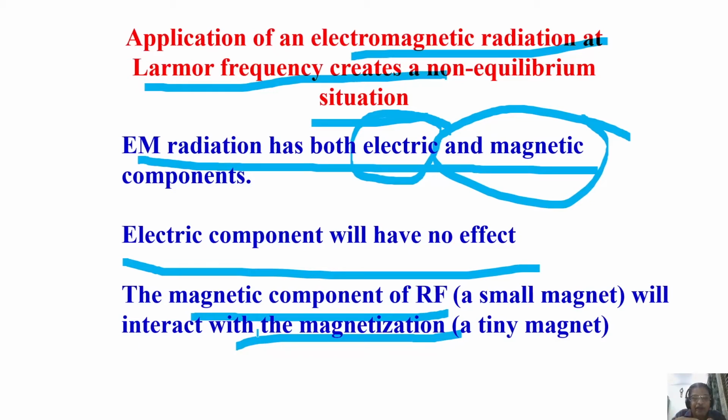Then these two will interact. Exactly what happens when you apply an RF pulse in a direction perpendicular to the bulk magnetization: the magnetic component of RF interacts with it and causes disturbance, creating a non-equilibrium situation.